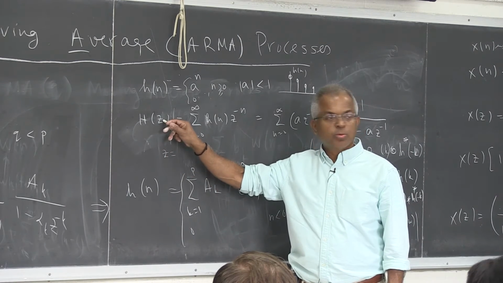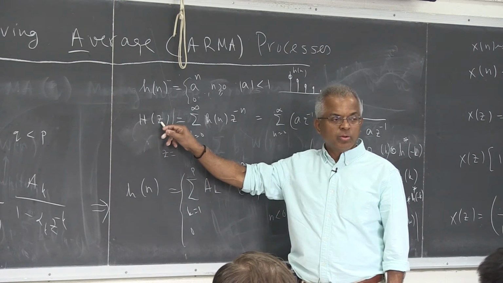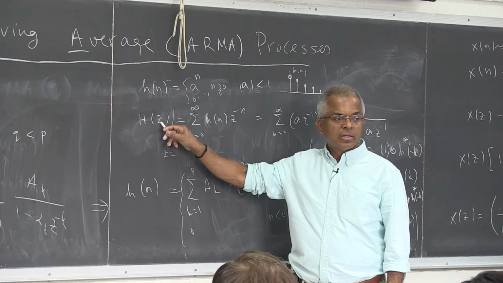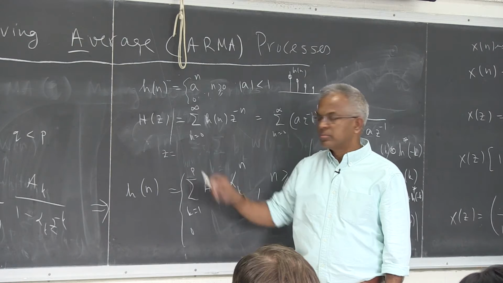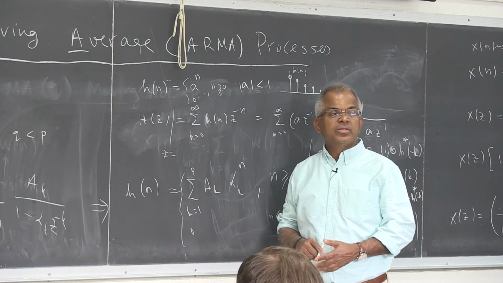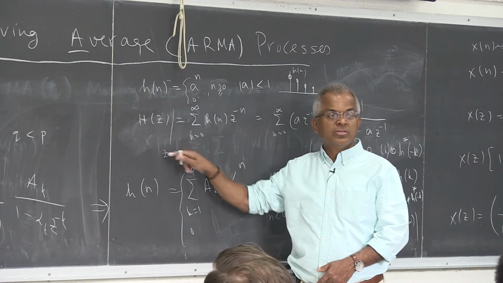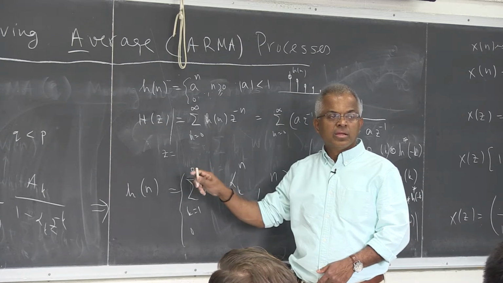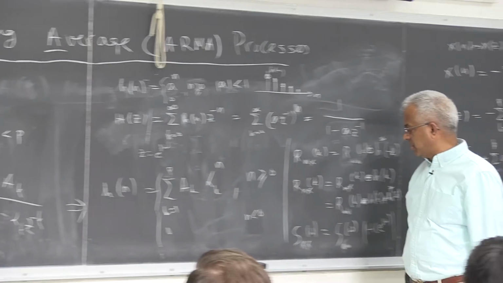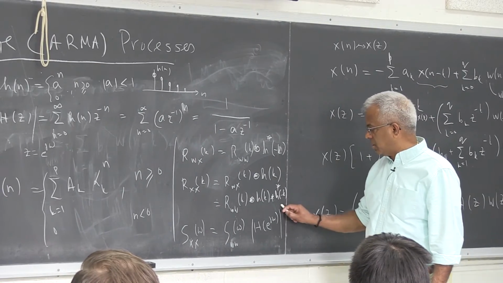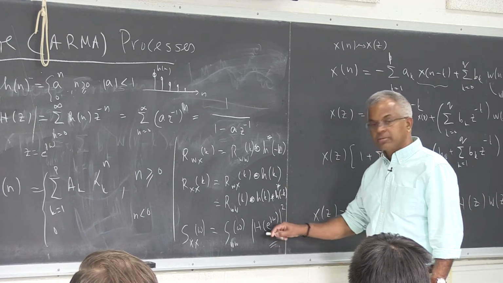The way you said H(omega), we are not replacing Z by omega. Z by what? What do you do in the discrete case? How do you translate this into DTFT? e to the power j omega, right? So that's what the squared is, right? So this is the relation.